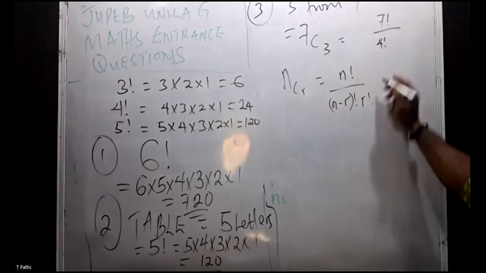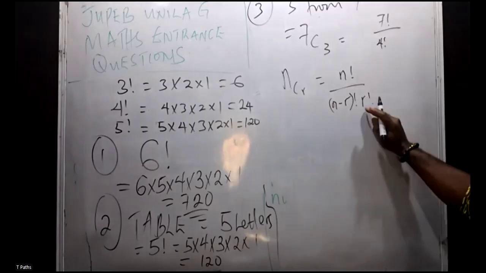Then there's r, which is 3. So what we're going to do is work this out, simplifying it so that, with 7 factorial as 7 times 6 times 5 times 4 factorial, the 4 factorial cancels the 4 factorial here.